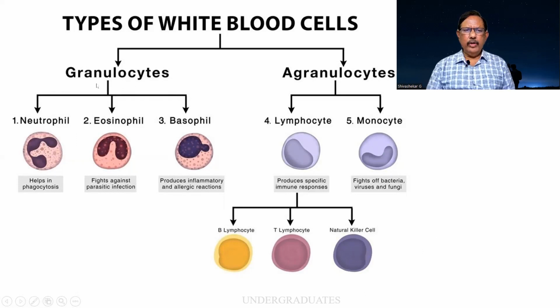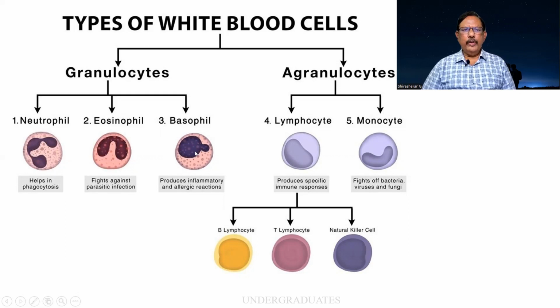Granulocytes are cells which have got granules, which means neutrophil, eosinophil, and basophil. Depending on the color, they are labeled so. Neutral means neutral. Eosin means bright brick red colors. Basophil is blue colors. And look carefully, even over the nucleus, I am able to see the granules.